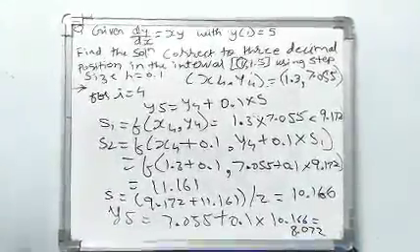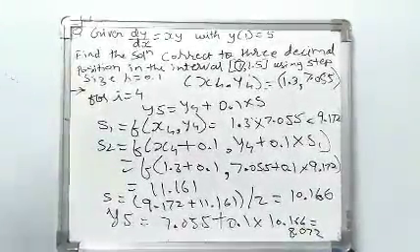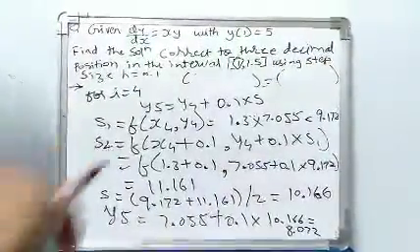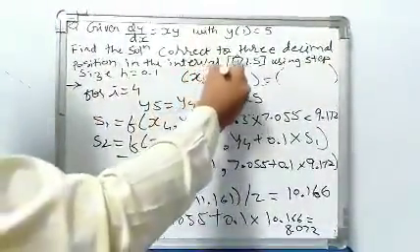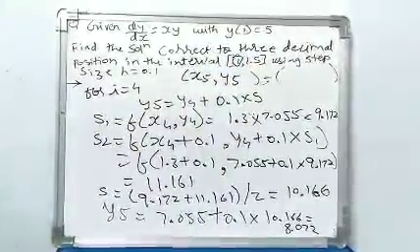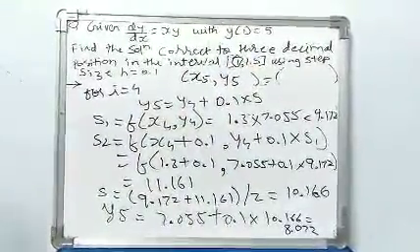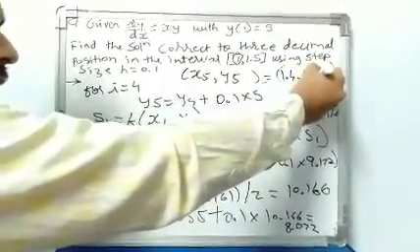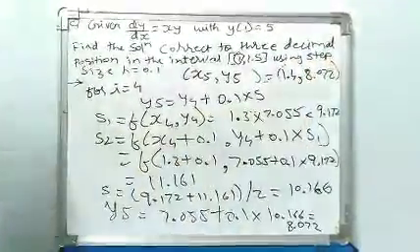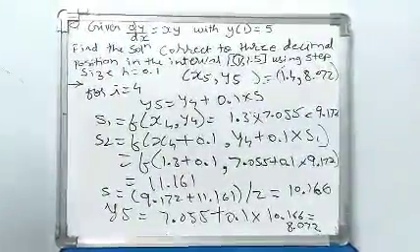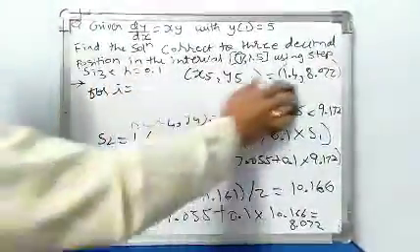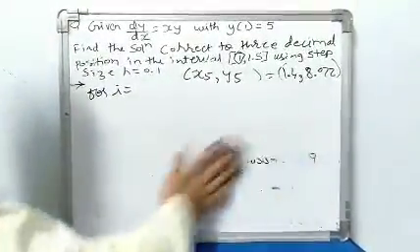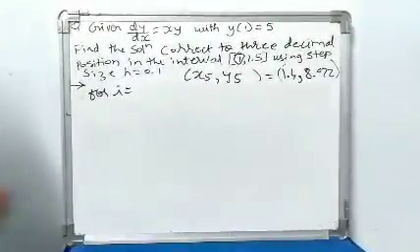Now we got the value, so x5 comma y5: x5 is 1.4 comma y5 is 8.072. Now we need to calculate the fifth iteration. Replace the values and you get the final answer. This is the last step which we are going to perform.